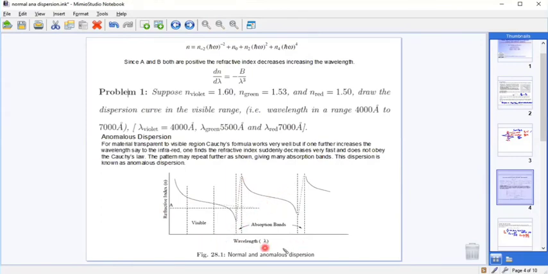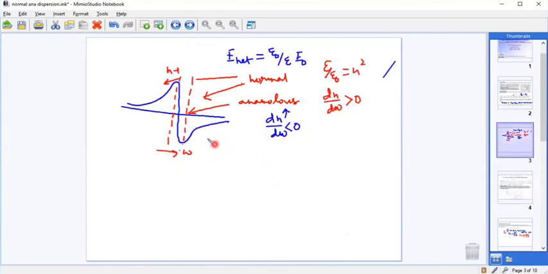So in the spectral range, I am using the same slide here.